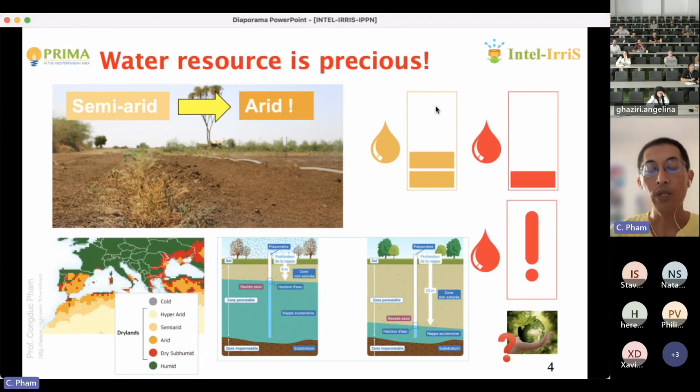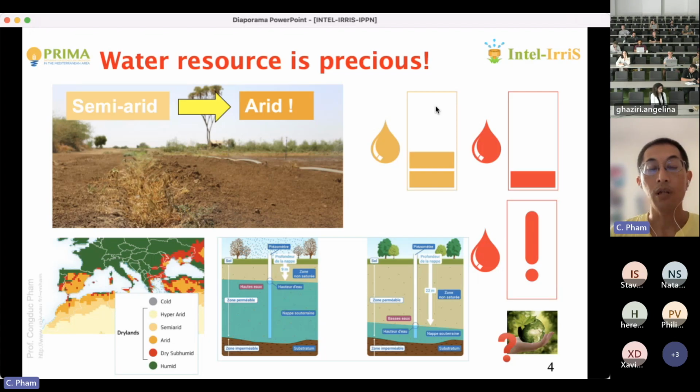We focus on water resources, which may become a big problem worldwide. It's already a big problem in many countries, especially the countries we are working with. Normally they are in a semi-arid region, but they actually suffer from very arid situations.